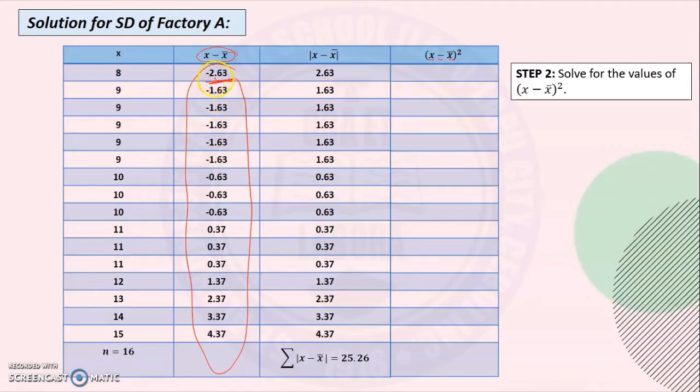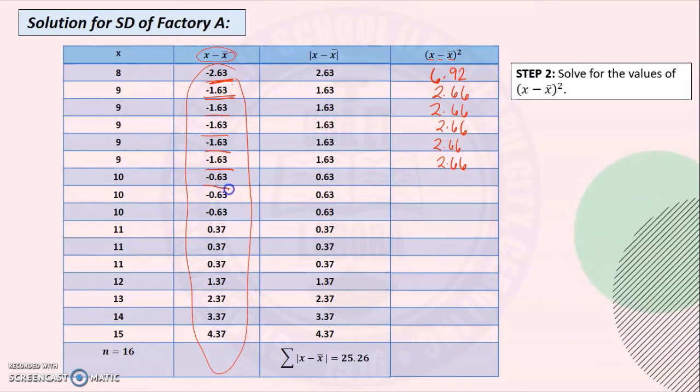So for example, negative 2.63 squared is negative 2.63 times negative 2.63, and that is equal to 6.92. Next, negative 1.63 squared is equal to 2.66. Since they are the same, they have the same squares: 2.66, 2.66, 2.66, 2.66.